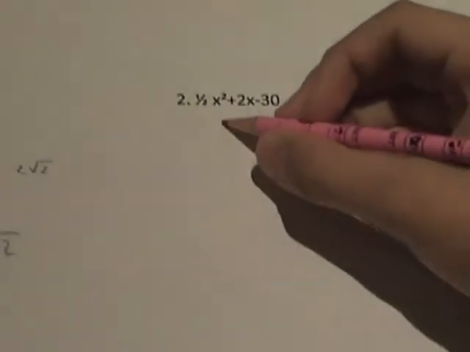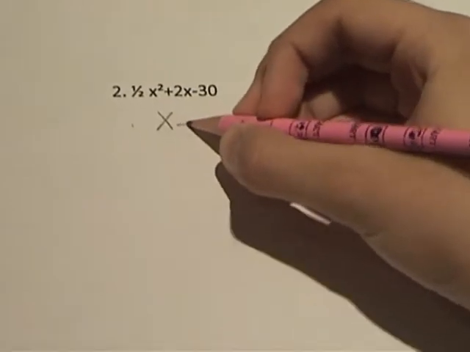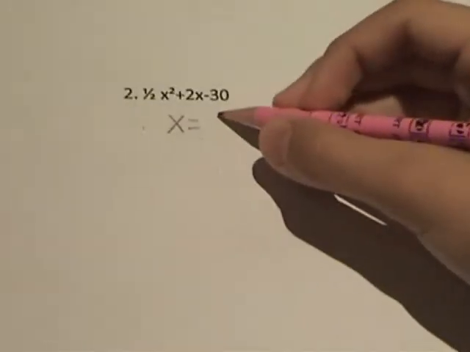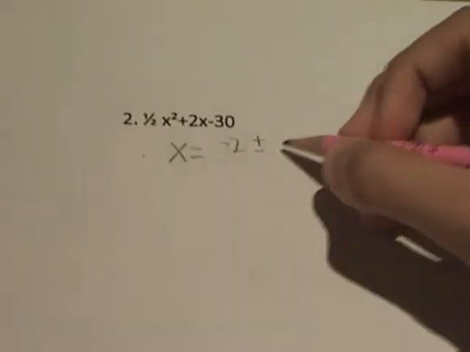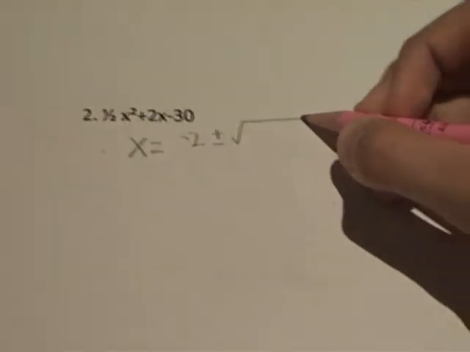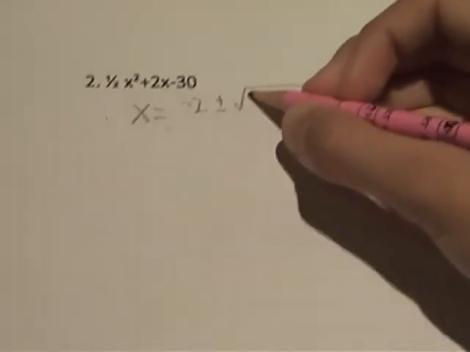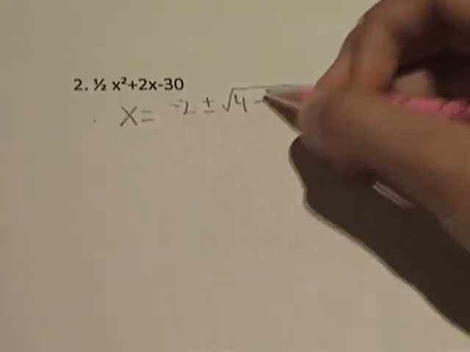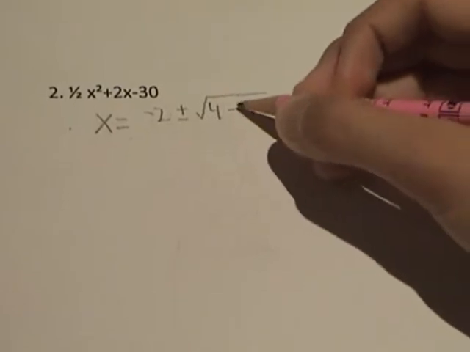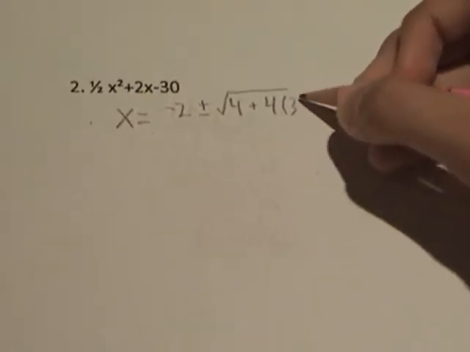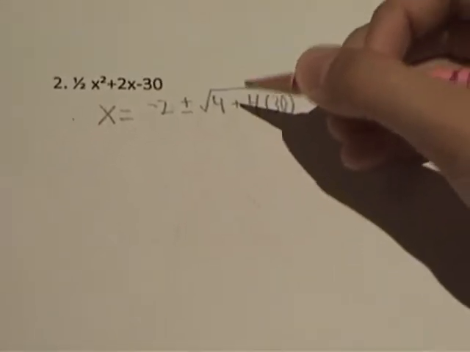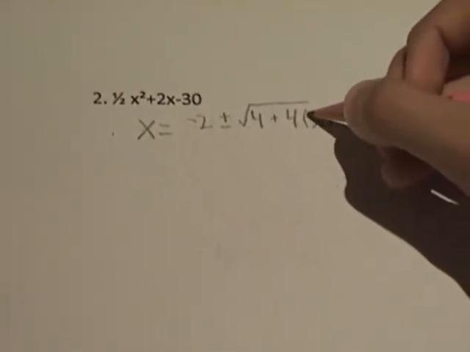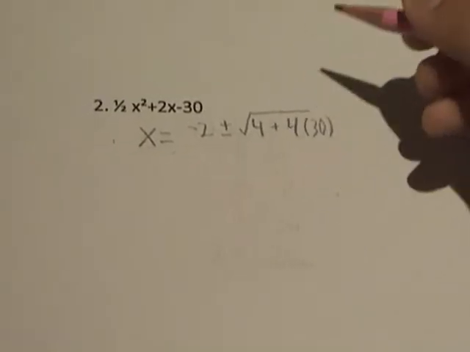Now in the next problem, we're going to again write out x equals and substitute negative 2 plus or minus the square root of 4 plus 4 times 30. In a normal equation, this would be minus 4 times negative 30, but the two negatives cancel each other out.